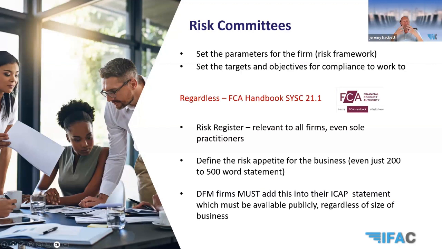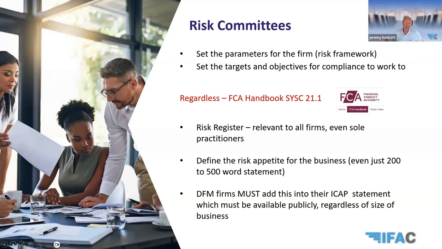And remember, even if we're not in the space where we need to formally have a risk committee in place, we are on the hook for this. If we revisit the FCA handbook, part of their systems and controls piece, section 21.1, if you want to look it up, it basically says that all firms need to have a risk register. Even sole practitioners need to have a risk register. And it just defines the risk appetite for the business.